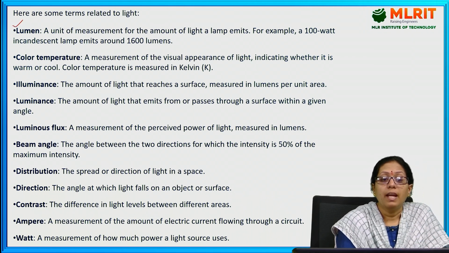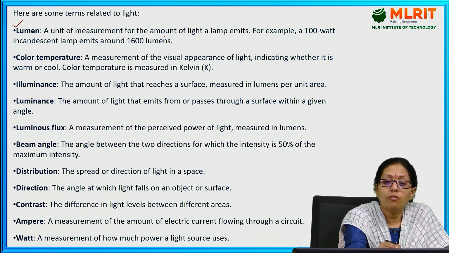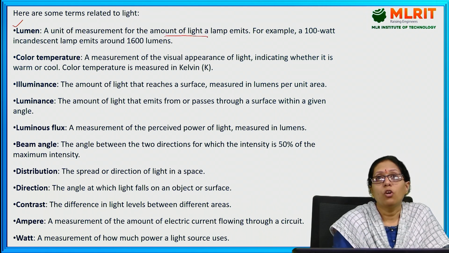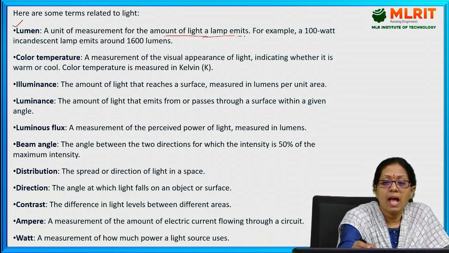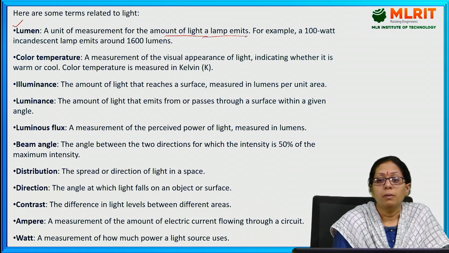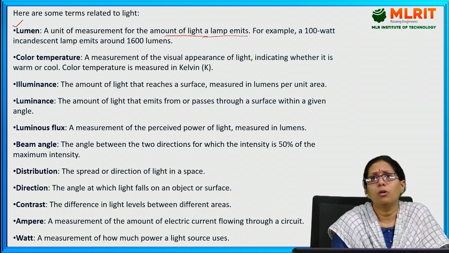It is a unit of measurement of the amount of light a lamp emits. Any kind of bulb which emits light, it is the measurement of the amount of light emitted from that particular lamp, bulb or any kind of light emitting source.